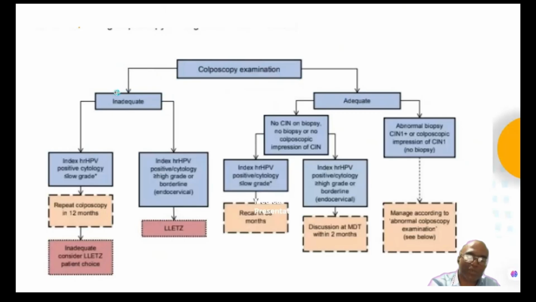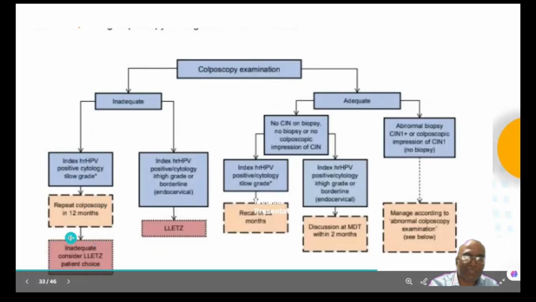In that particular case, you have to see the background cytology and decide the further management. Now your index HRHPV is positive, but the cytology is low grade. Then you will repeat the colposcopy in 12 months, and if at the end of 12 months the colposcopy is inadequate, then you will go for LLETZ.